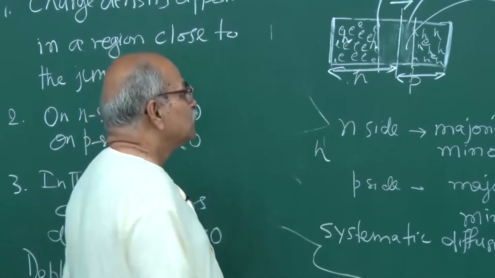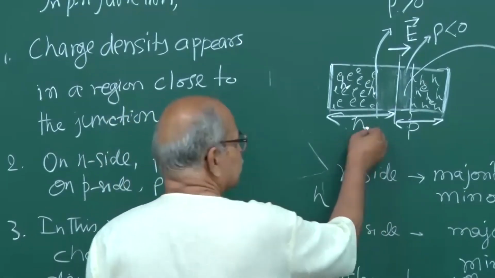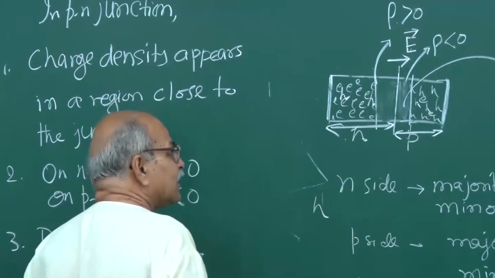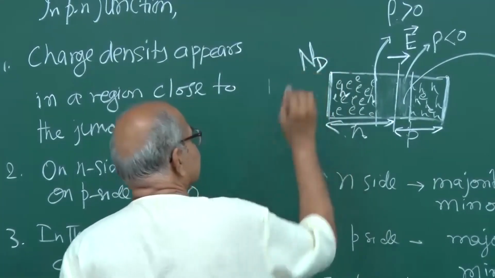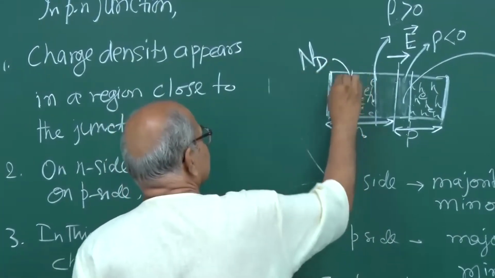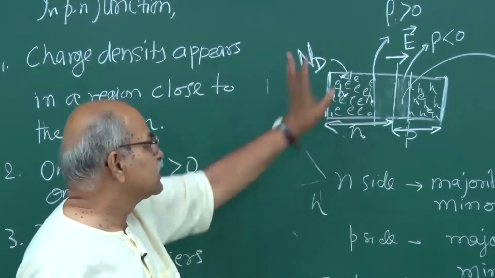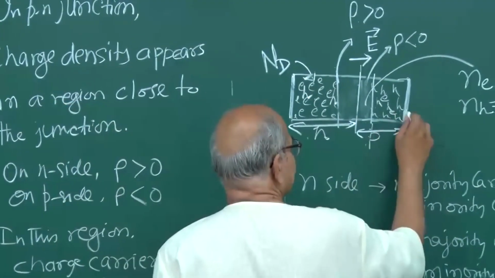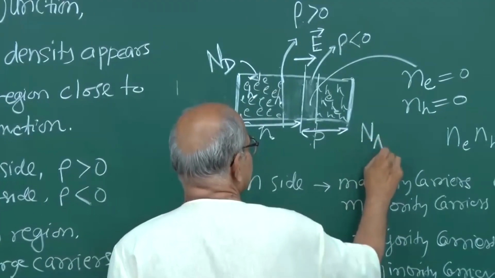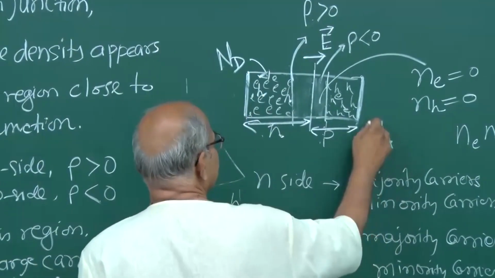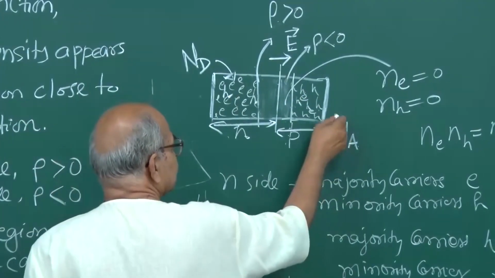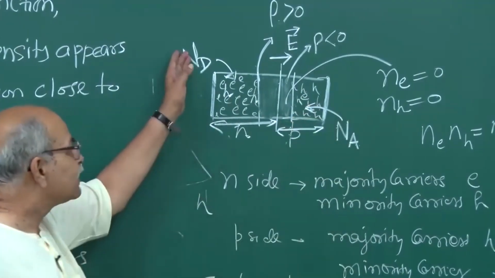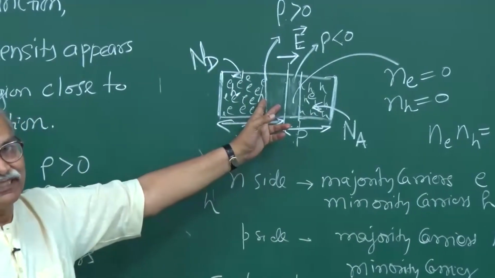On the N side we call them donor ions, so Nd is the donor ion concentration, the one we have doped. And this side is acceptor, so Na is the number of acceptors that we have doped per unit volume. That decides this width.